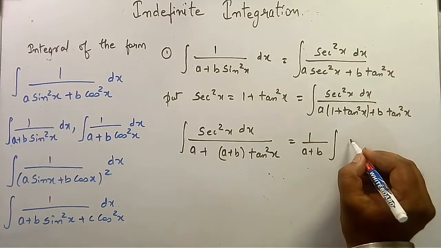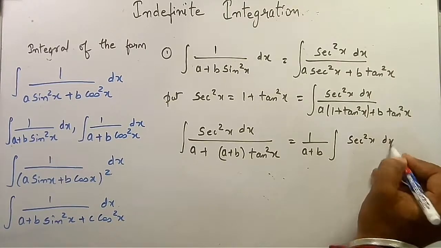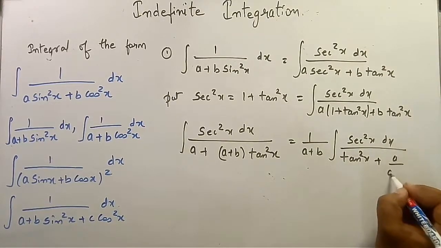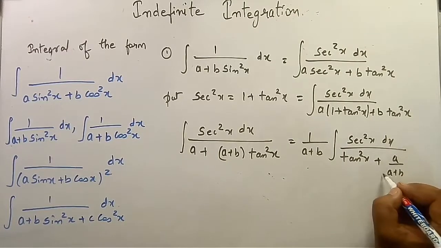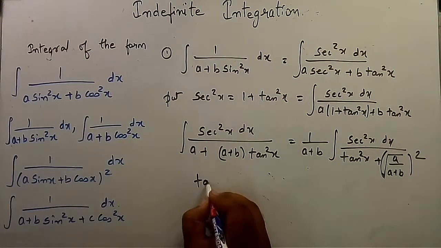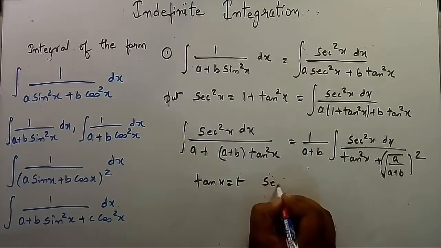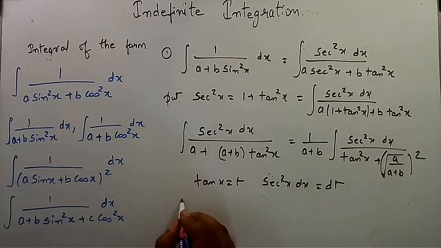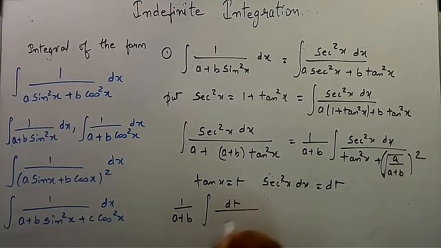You are left with sec square x dx upon tan square x plus a by a plus b, or you can write this as under root of a by a plus b whole square. Now put tan x equal to t, and this sec square x dx will go to dt, and this integral will be reduced to 1 by a plus b integral of dt by t square plus under root of a by a plus b whole square.